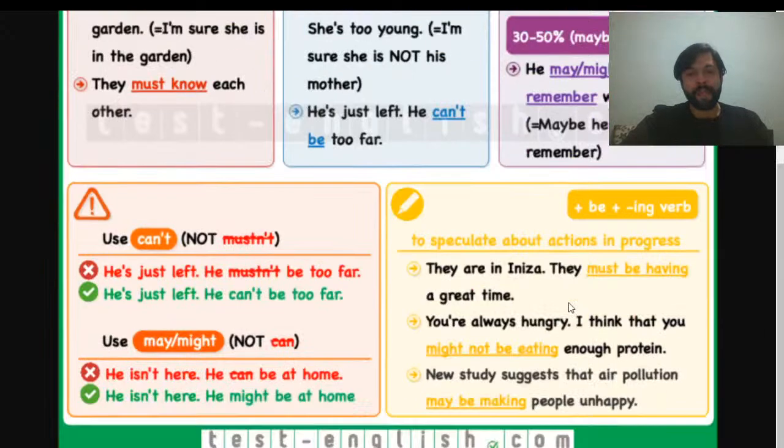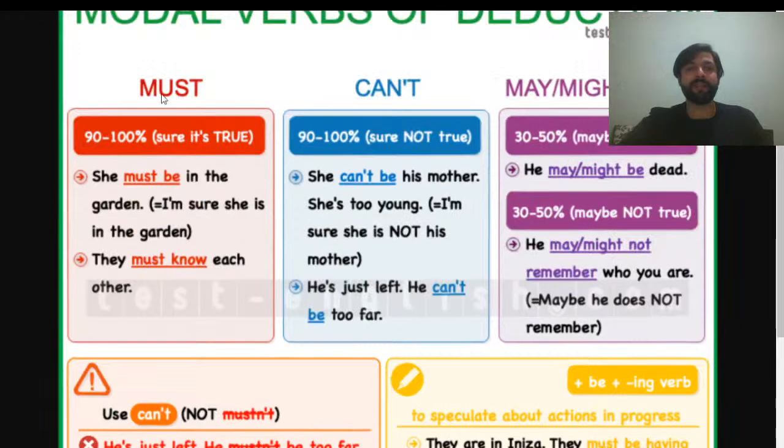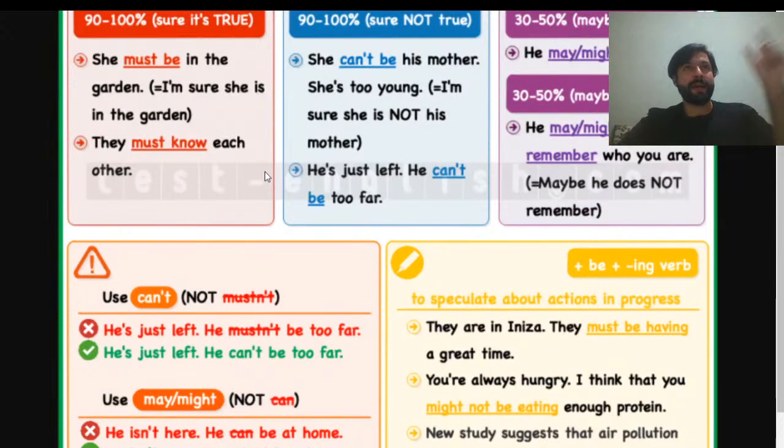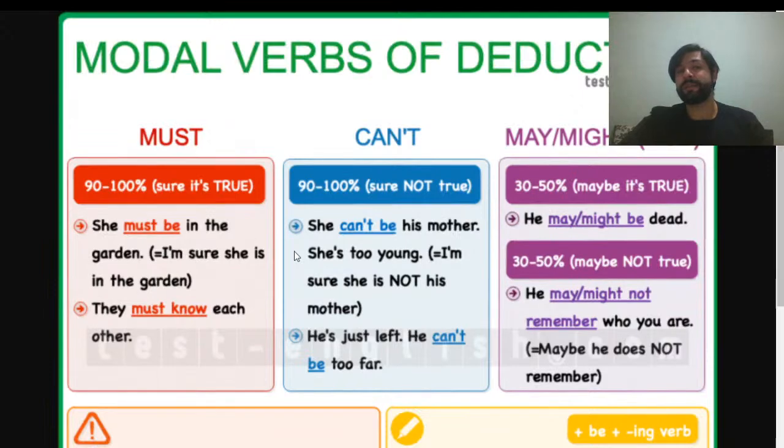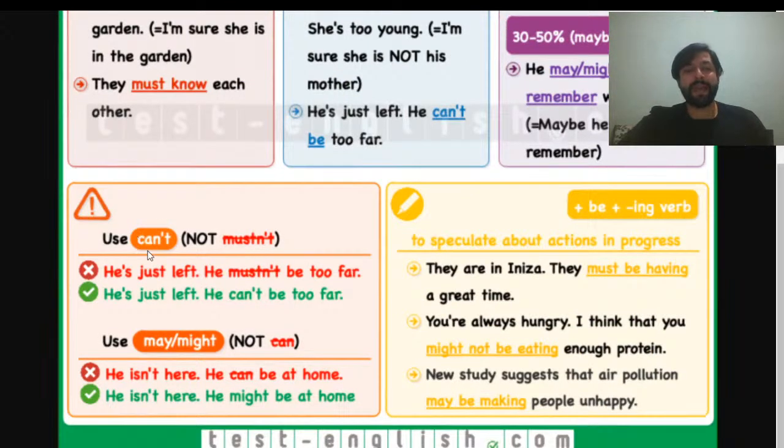And here we have just a little reminder. We use can't, not mustn't. For the affirmative we use must, but for the negative deduction we use can't. So it's not so logical, like must, mustn't, can, can't. We don't use it like this when we are deducing something. We use can't for strong negative opinions.